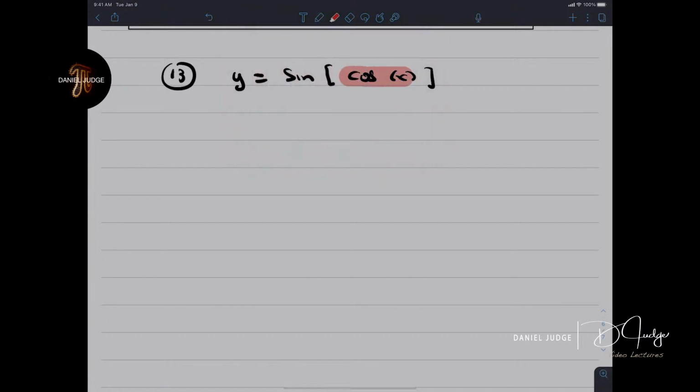So now the inside function is simply cosine, right? This is the u that's inside. So we'll let u be cosine. Then y becomes sine of u.